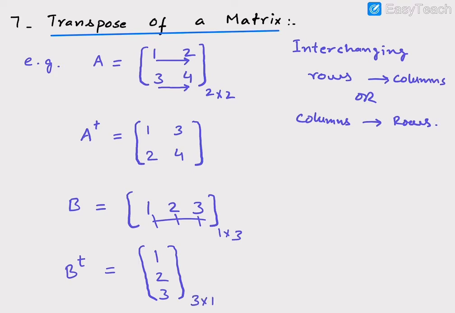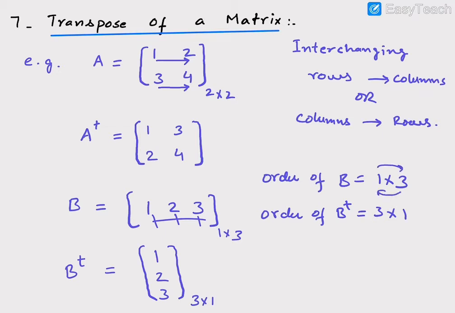So rows will become columns and columns will become rows. So you can see here, order of B is 1 into 3, and order of the matrix B transpose is 3 into 1. Order will also interchange. Rows will change into column and columns will change into rows. So when you take the transpose of a matrix, order will also interchange.